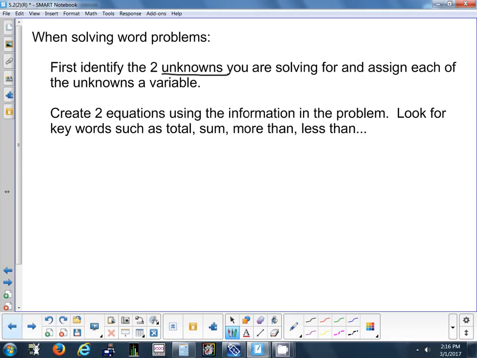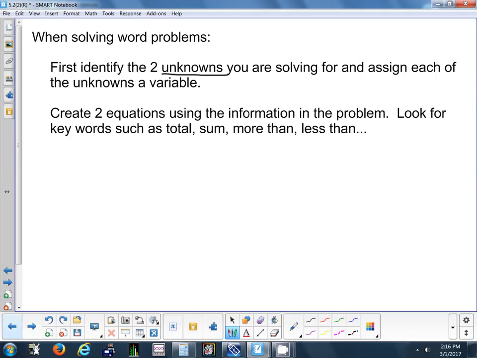Okay, so if I'm talking about a drama club, I might use D to remember D for drama. Or if you want to use X and Y, you can, but I try to pick a letter that makes sense. Yearbook club, I might use the letter Y. That might be a good variable. And then we're going to look for some keywords in the problem. Okay, you might see the word total.